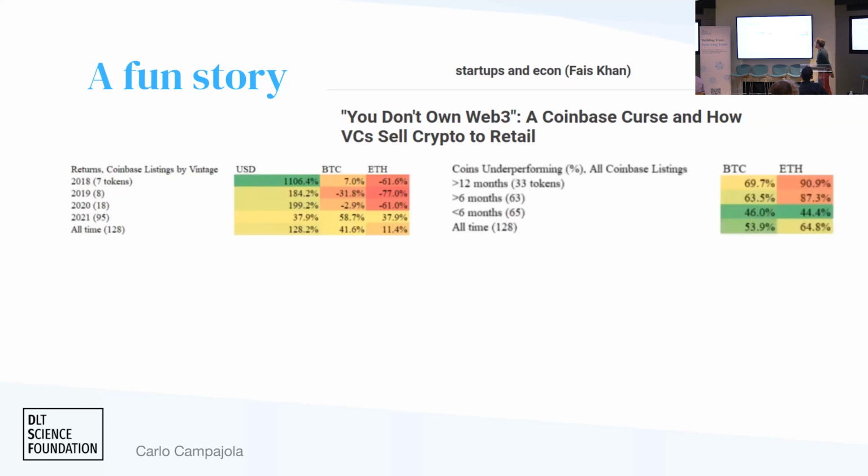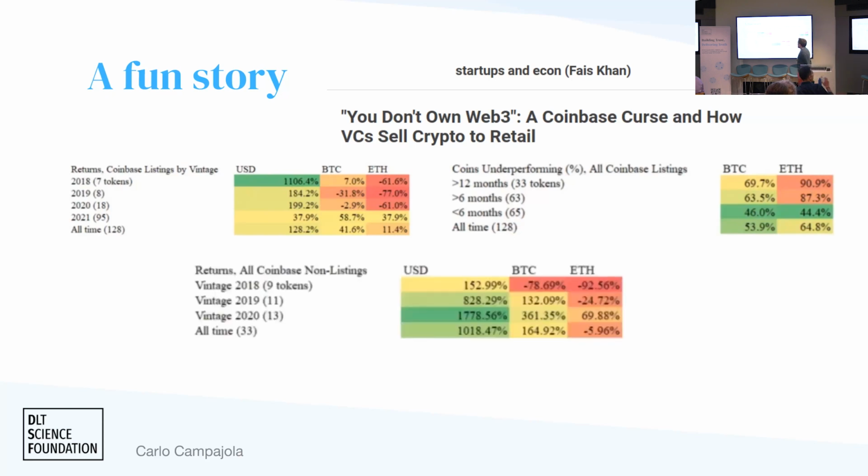So any token that is more than 1 year old basically was losing money when denominated in Bitcoin or Ether. The percent of tokens that were underperforming, depending on how long they've been listed, was pretty high, especially for the ones that have been listed for at least 6 months. Most of them were underperforming compared to Bitcoin or Ether. And interestingly enough, Coinbase until 2020 was publishing a list of tokens that it was considering for listing, and then decide which they were going to list or not.